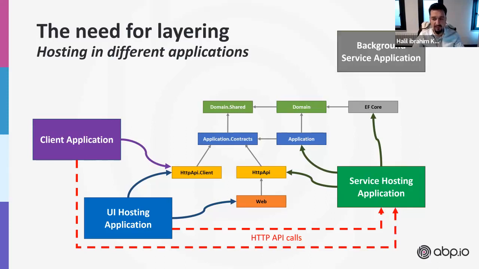For example, you may have a background service application that periodically performs some operations in the background. You only need to reference the domain and framework code package. You see that we have a single code base, no change. But we can use the same module in very different kinds of architectures and different kinds of applications.